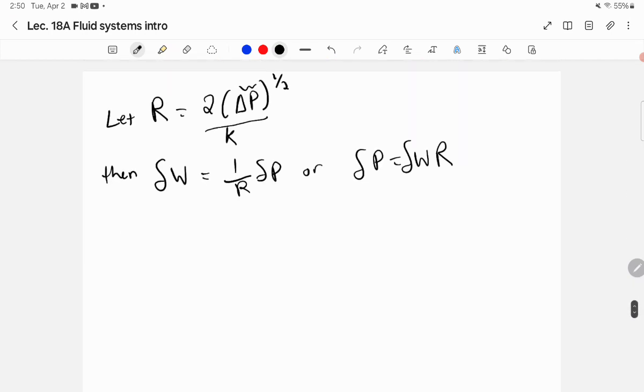So what we'll usually do is we say P is equal to W times R for laminar flow.